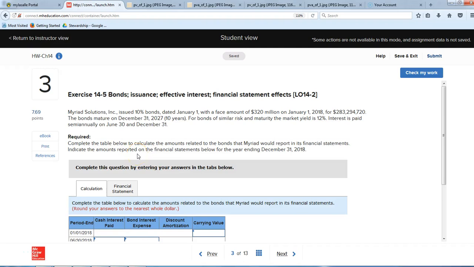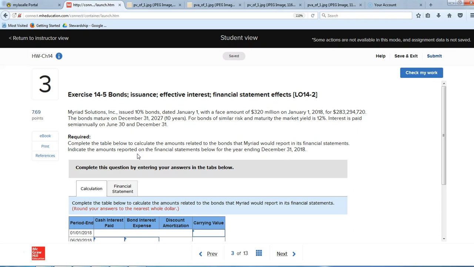Marriott Solutions, Inc. issued 10% bonds dated January 1st with a face amount of $320 million on January 1st, 2018, for $283,294,720.